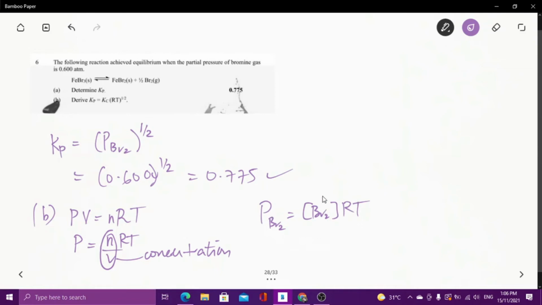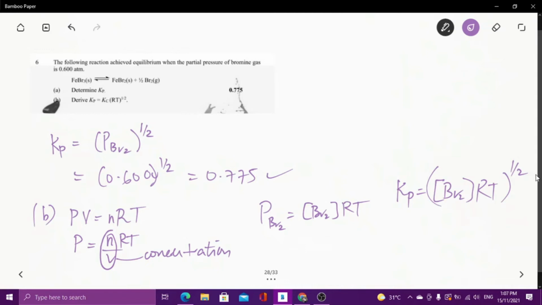So sekarang ni, we just want to substitute the value of partial pressure yang di sini in terms of Kp dekat sini. Okay. So kita akan masukkan, so Kp kita di sini, Kp will be equal to the concentration of Br2 times RT, okay, so yang ini to the power of 1/2 macam tu.